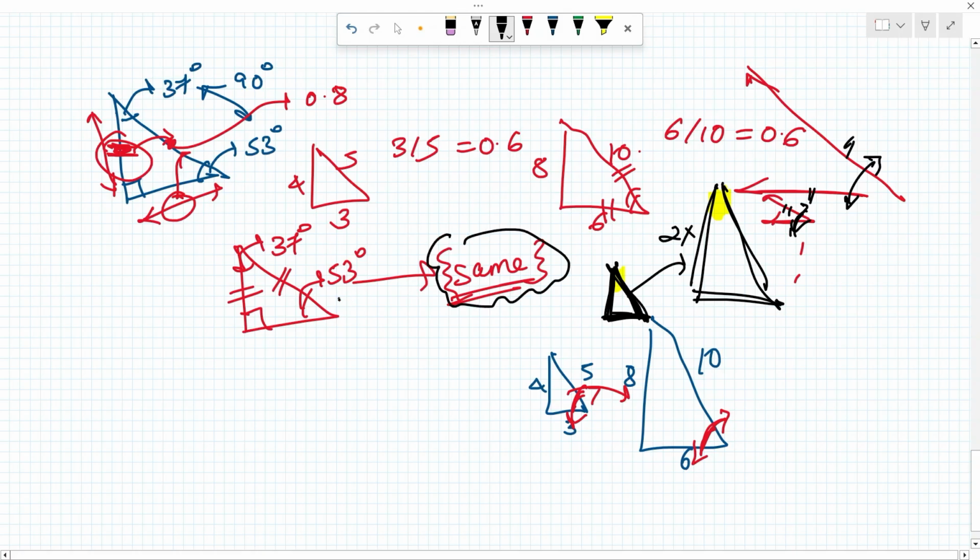There is nothing special about 53 and 37. If you take any right angle triangle, say this angle is theta, this angle is 90 minus theta, no matter how many such triangles you take.